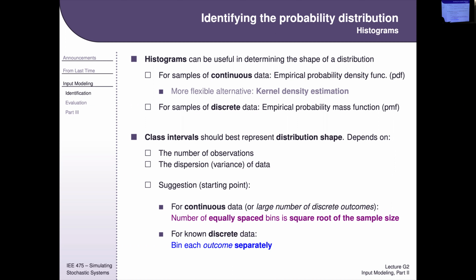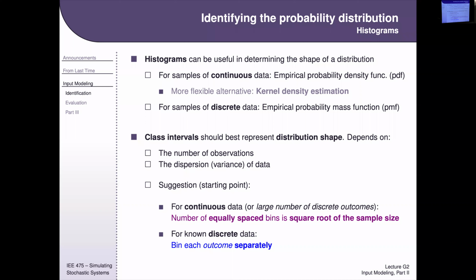If it's discrete data, it's always scary to bin discrete data because you might bin outcomes together. So with discrete data, the general rule is to bin each outcome separately. Like for a Poisson random variable, or if it's just count data, you might have data for 0, 1, 2, 3, all the way up to 10, but 0, 1, and 2 don't have a whole lot of data points, and neither do 3, 4, and 5.